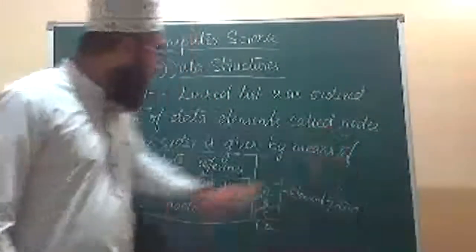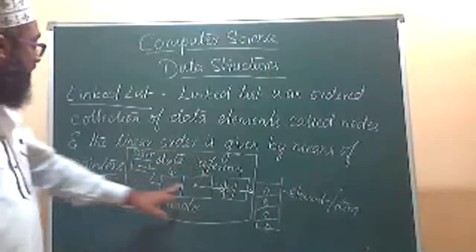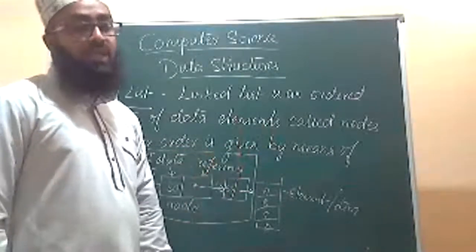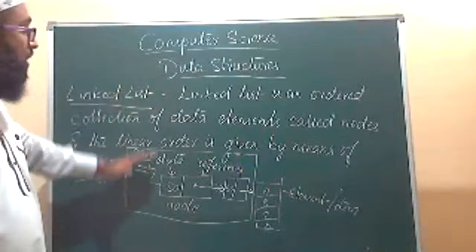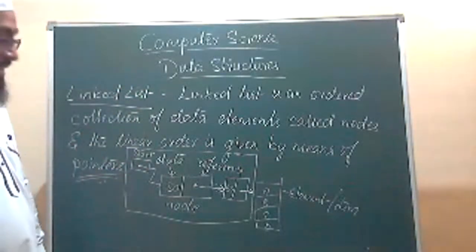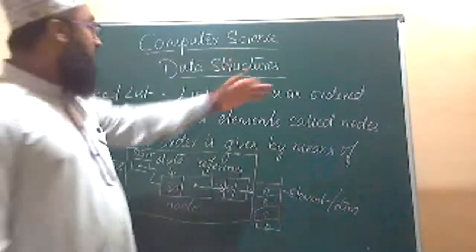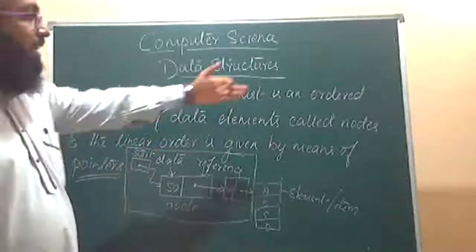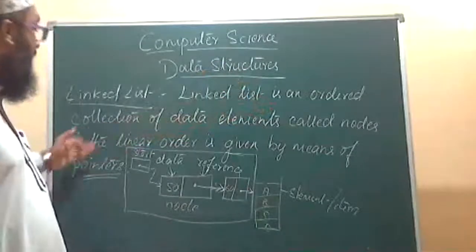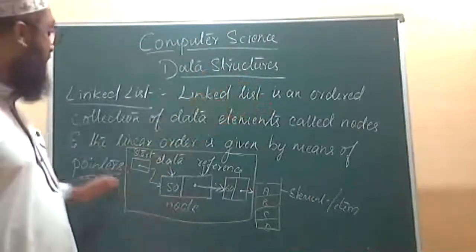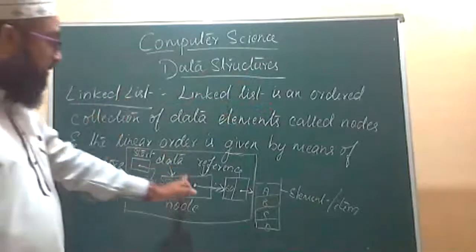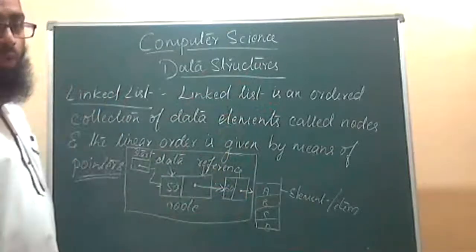So node means this element, and pointer means what is connected to the next node. This is called a linked list: an ordered collection of data elements called nodes, and the linear order is given by means of connecting pointers.